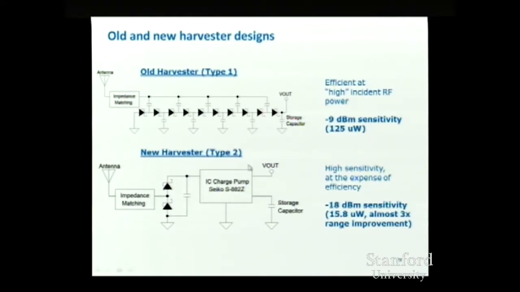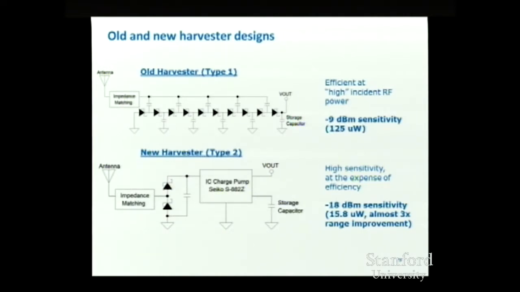This new design allowed us to go from -9 dBm sensitivity, corresponding to 125 microwatts as the minimum that you would need to operate, to -18 dBm sensitivity, which corresponds to something like 15 microwatts, or in terms of range, that's a 3x range improvement.